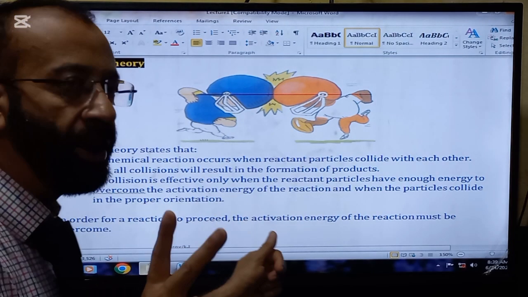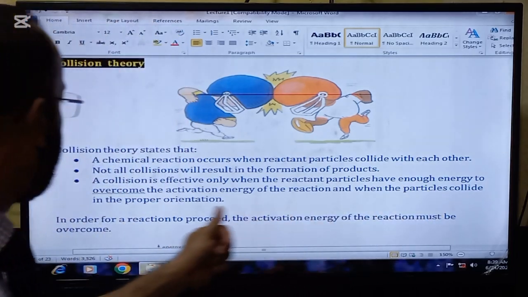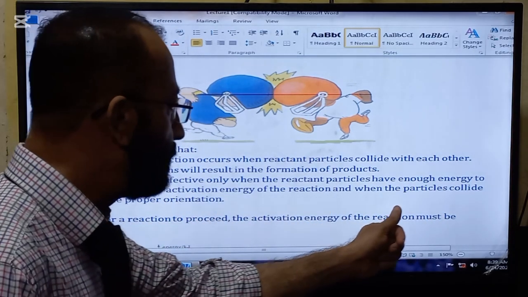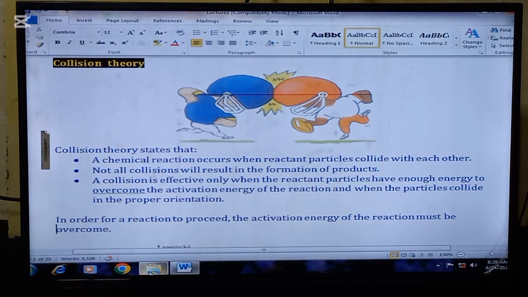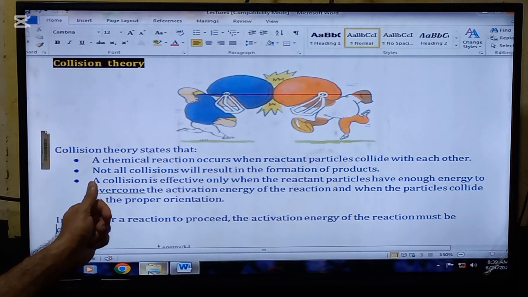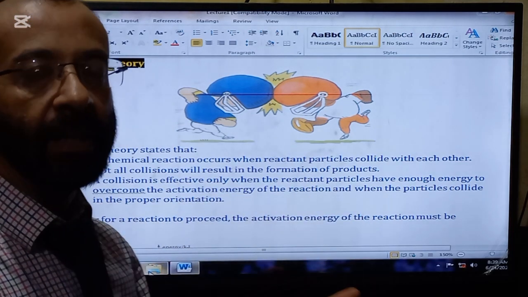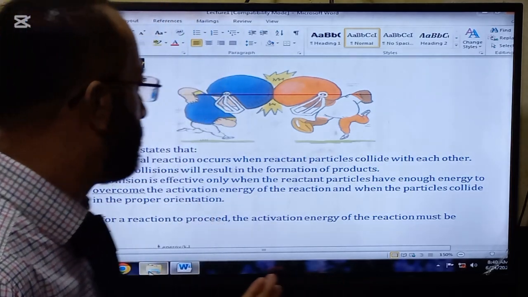So there are two conditions for a successful collision: activation energy must be overcome and orientation must be proper. Listen again. The second condition is that not all collisions will result in the formation of the product, because not all collisions are successful collisions.